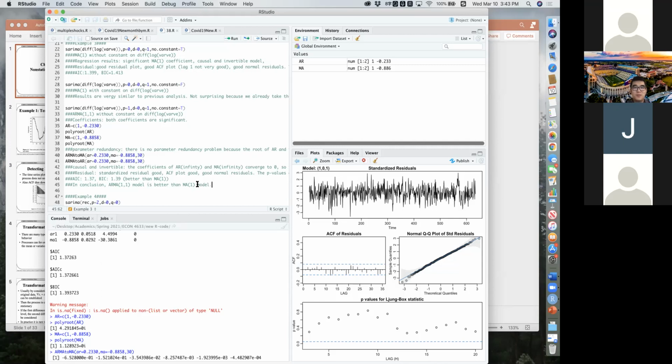So you perhaps want to increase your AR order to 2, or increase your MA order to 2, and see what that model looks like. And so you will do more model selection, and finally you will decide which is your best model. But what I illustrate here is that the ARMA11 is better than MA1.